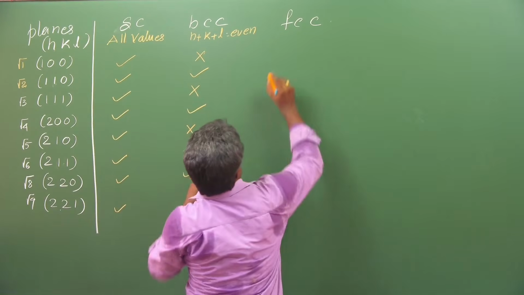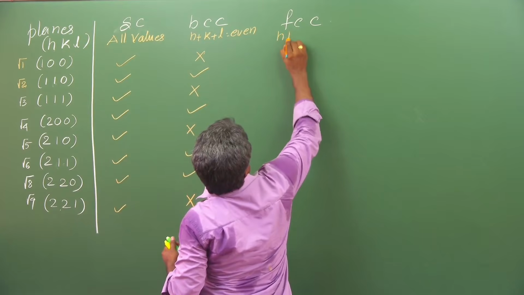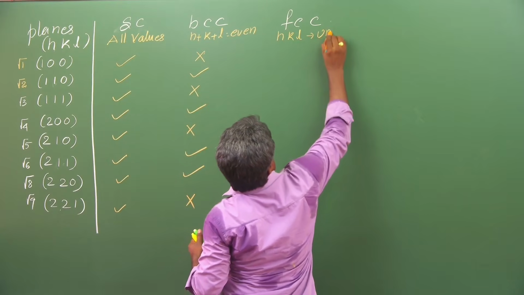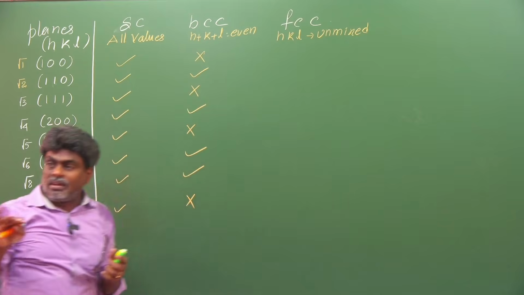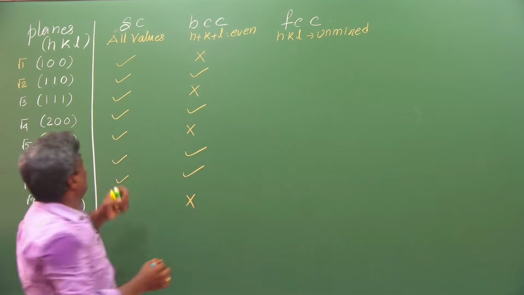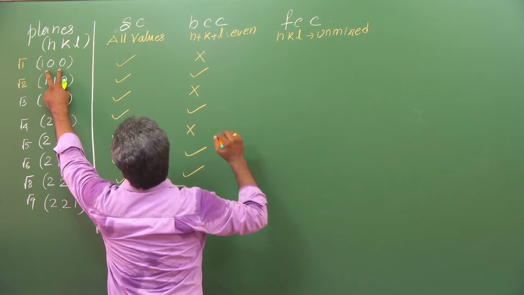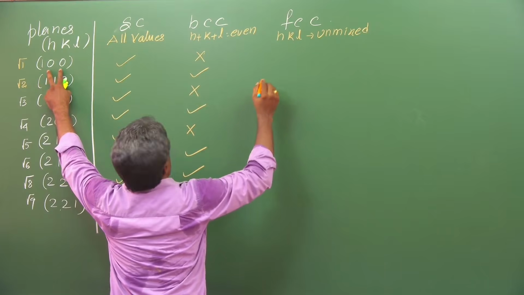And FCC, that means hkl unmixed: either all even or all odd. Is it all even or all odd? Mixed or unmixed?